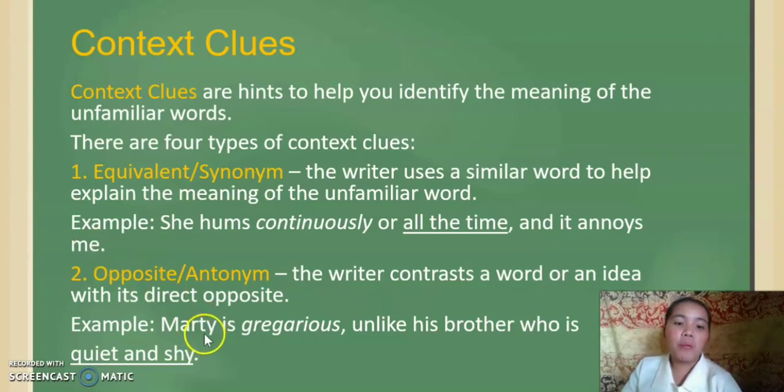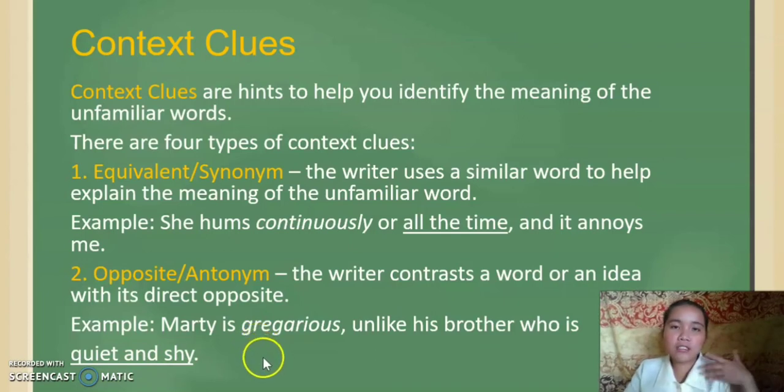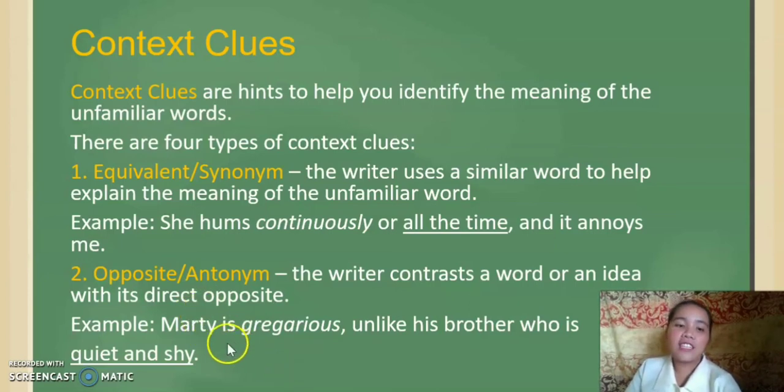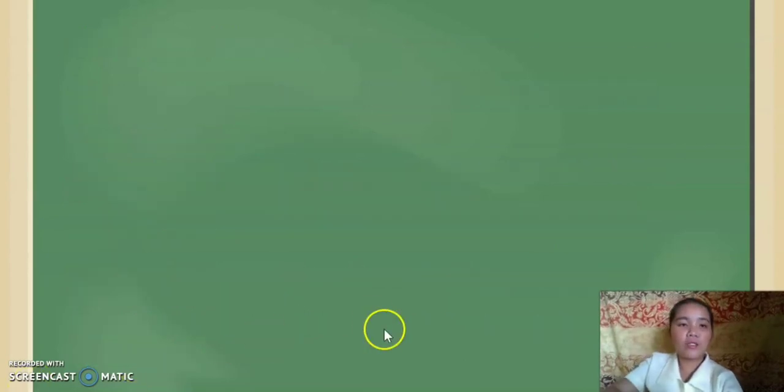Example: Marty is gregarious and unlike his brother who is quiet and shy. The unfamiliar word is gregarious and the context clue here is quiet and shy. So the meaning of gregarious is that he is loud, not like his brother that is quiet and shy. Okay, class, that is antonym.